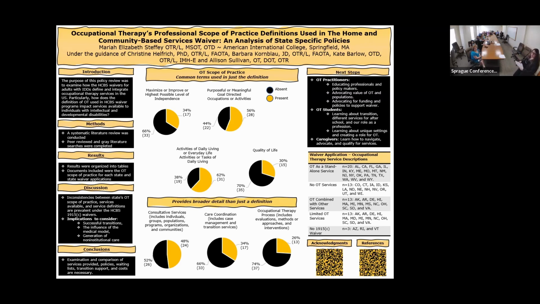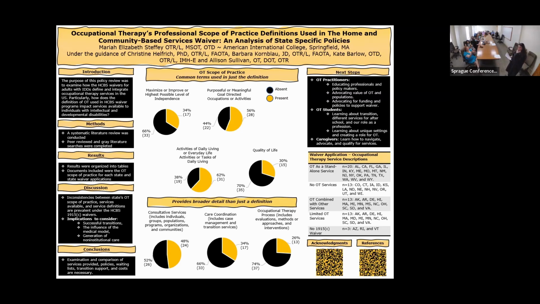I have included some next steps to be taken by OT practitioners, OT students, and caregivers. Particularly for OT practitioners, continuing to educate other professionals, such as individuals on care teams, and policymakers, advocating for the value of OT and our value with underserved populations, and advocating for funding and policies that support this waiver programming.